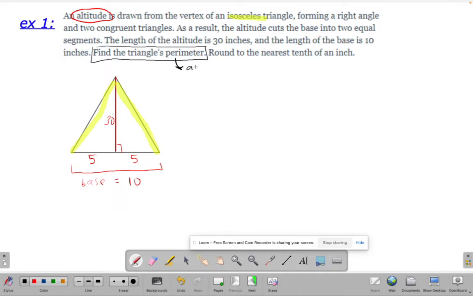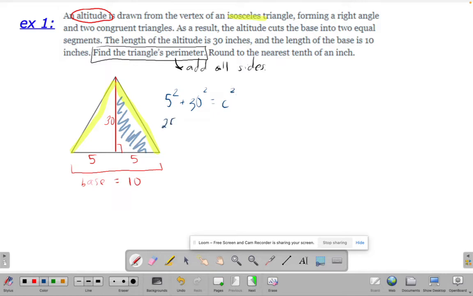Perimeter is when you add all sides. So let's first use Pythagorean theorem, and then we'll go from there. So this is your right triangle, and we're going to use this A and this B. So we have 5 squared plus 30 squared equals c squared.